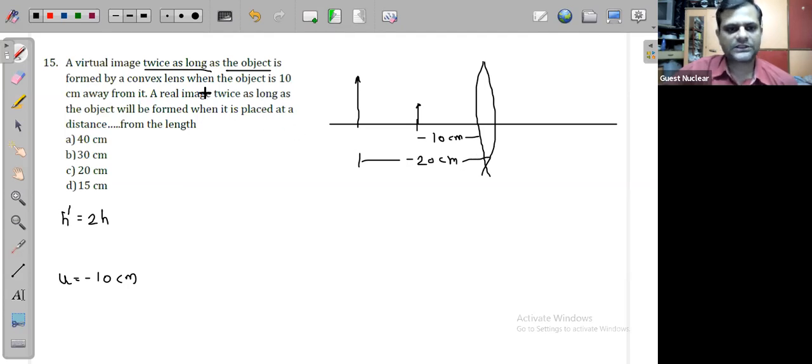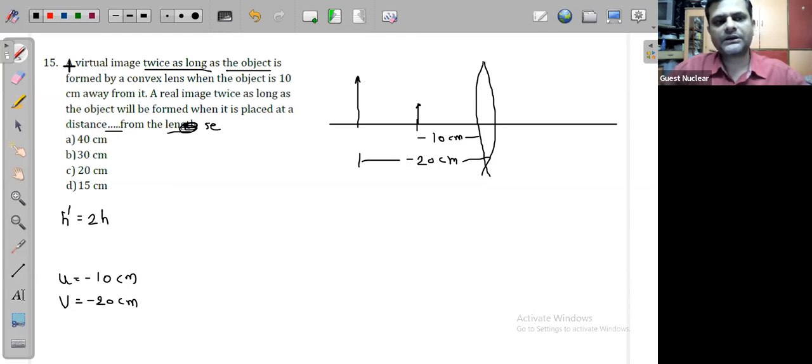So minus 20, okay. And a real image twice as long as the object will be formed when it is placed at the distance of dash dash from the lens. Okay, so see here, from this we can get the focal length of the lens. V is given to be minus 20 centimeter, because in the first statement a virtual image is given, a virtual image twice as long as the object is formed by a convex lens when the object is 10 centimeter away from it.